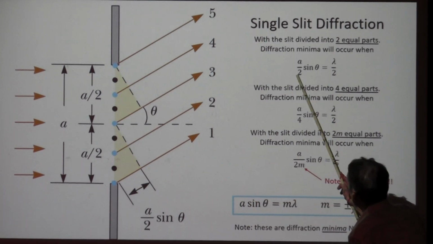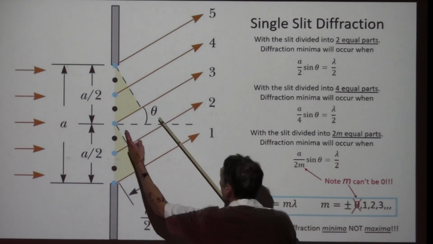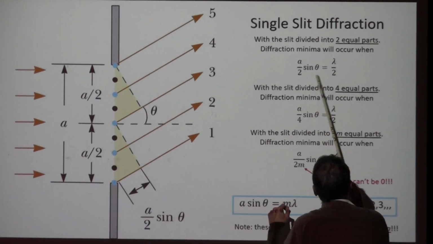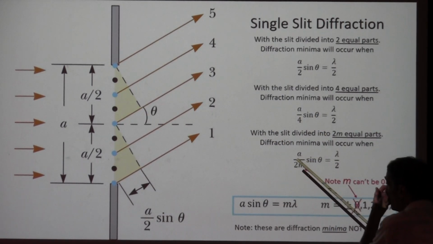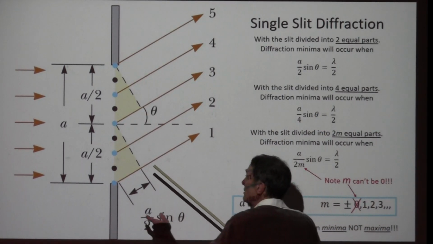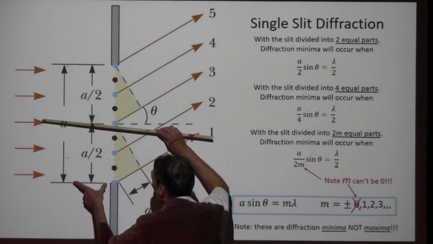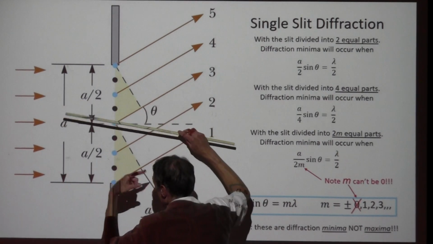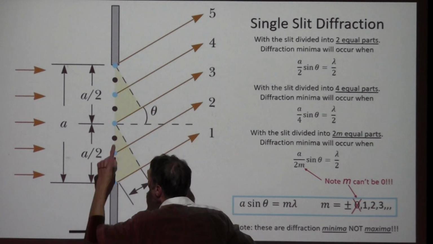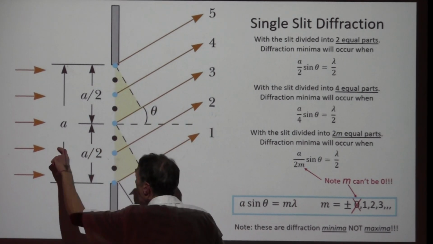So this, again, is the case for a half a slit: this is a half a wave, and I get destructive interference. Now you can continue to do this and divide this thing into an equal number of parts. So I go from 2 halves to 4 halves.